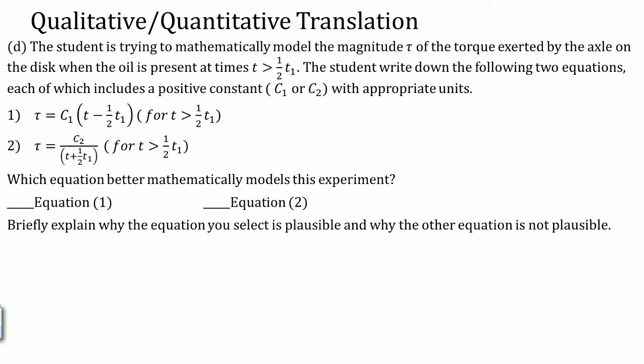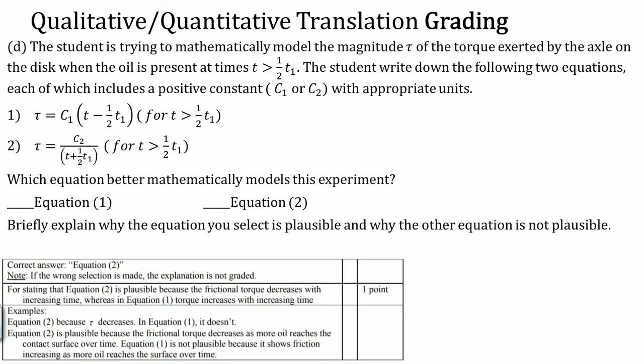Here, the student is trying to match mathematical models to the magnitude, and they write down two equations. Which equation better mathematically models this experiment, equation 1 or equation 2? Briefly explain. And here's the point distribution for it.